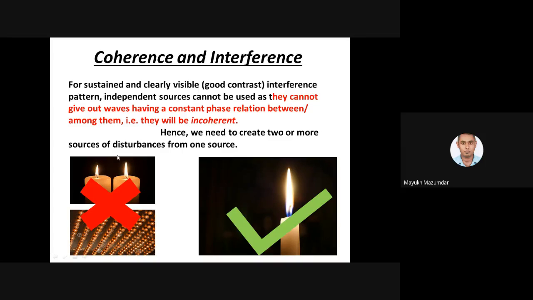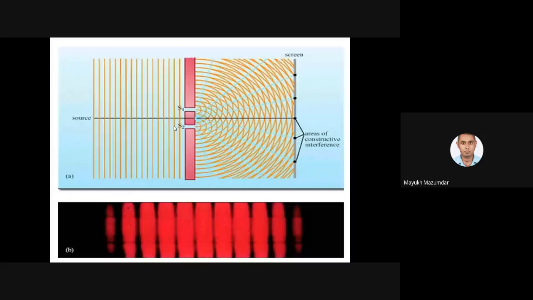Waves from here will come somewhere, waves from here will also go, and they will interfere at a point. Then I will get interference. And if that was the case, then we wouldn't have required slits. Why on earth would I go for this complicated thing? Just replace everything, keep a source S1, keep a source S2, and they will interfere.